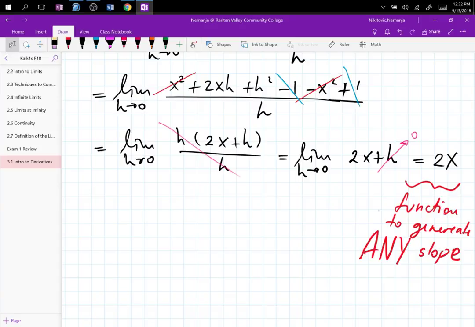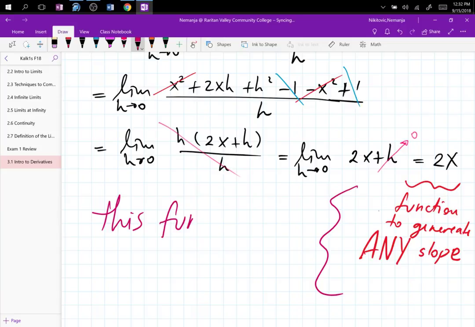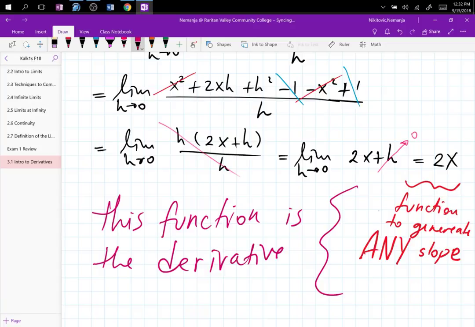I can't scream this more than I already am. This function is the derivative. It's just the name. All we used is 2.3 to get it.